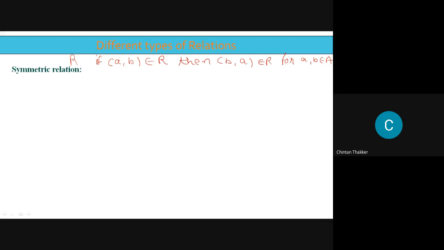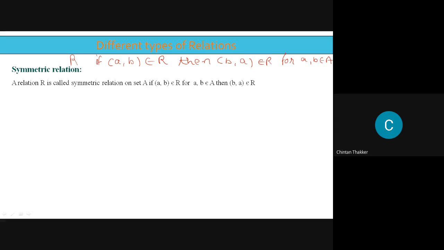So if R is a relation on a set A, and if one element is related to the second element, then the second element is also related to the first element. That type of relation is called a symmetric relation.